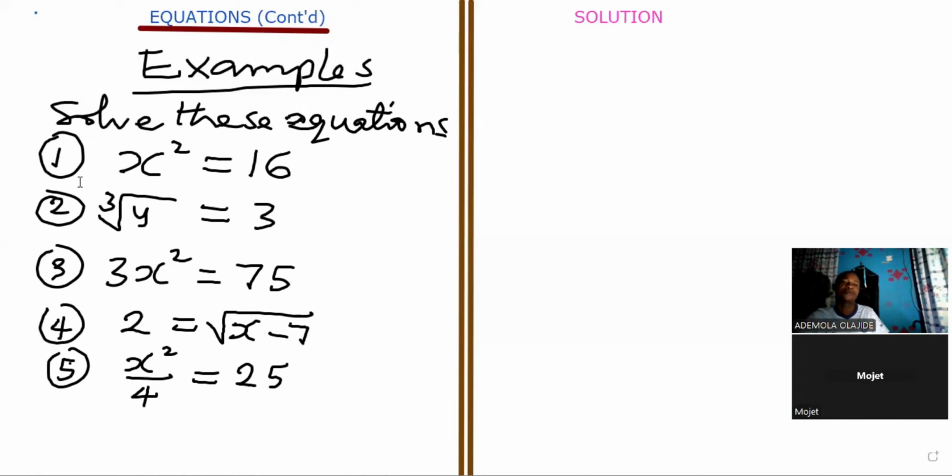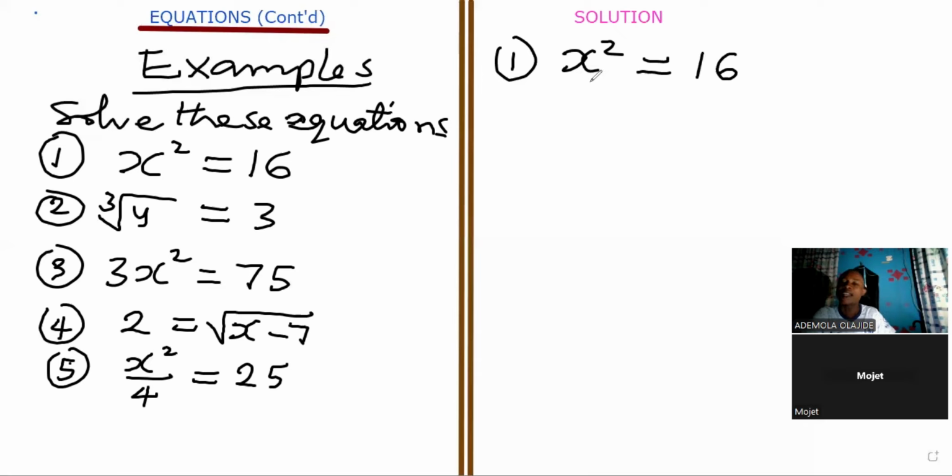So for the first one, you have x squared equals to 16. When you are solving an equation like this, solving equation entails finding the value of the unknown, getting the value for this letter x.